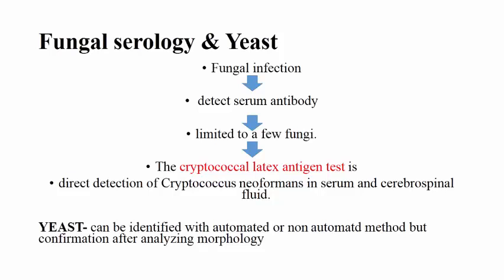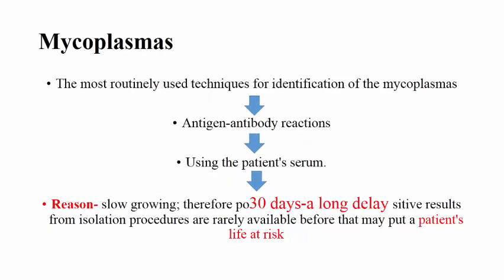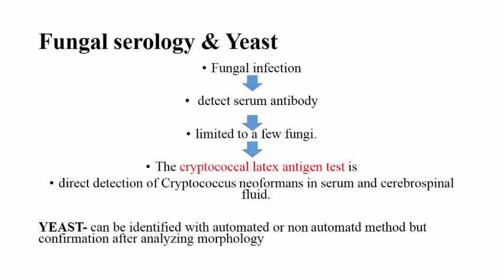Then we can come to the conclusion whether that particular person is suffering from yeast infection or not. So for yeast, mycoplasma and fungal infections, this method is very useful for identification.